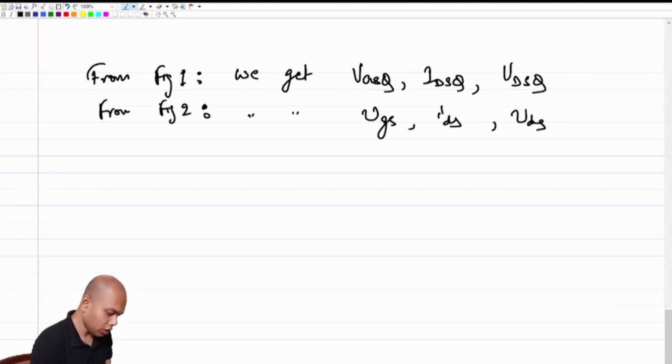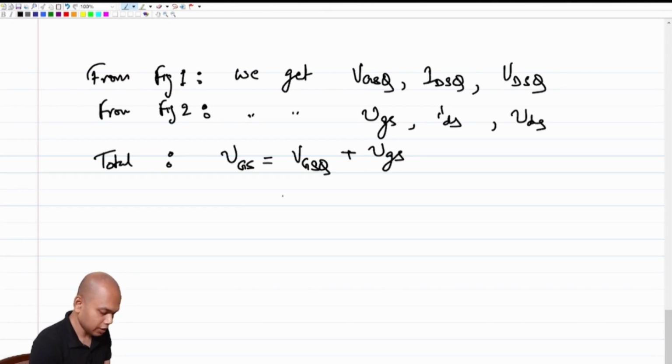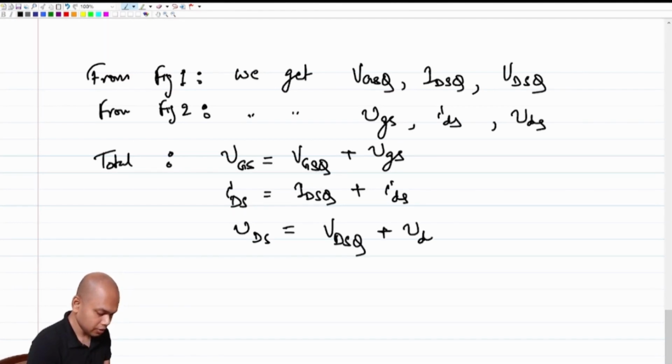So what will be the total? Capital VGS will be VGSQ plus small vgs. Similarly, IDS will be IDSQ plus small ids. Similarly, VDS will be VDSQ plus small vds.